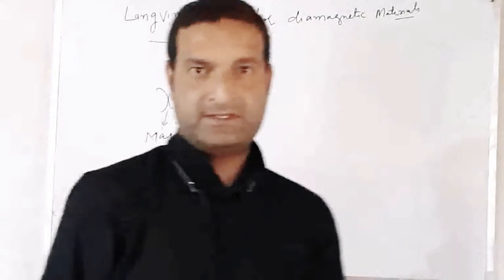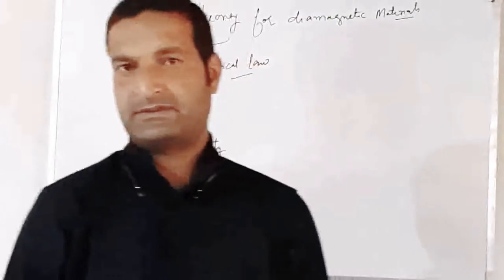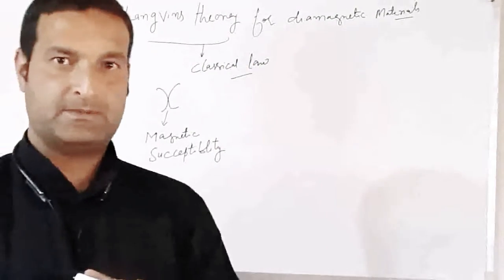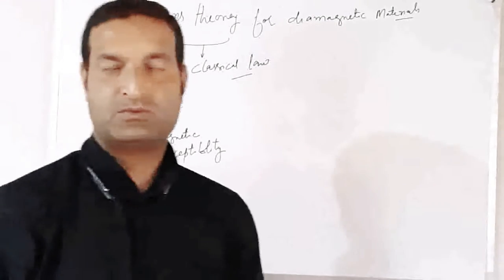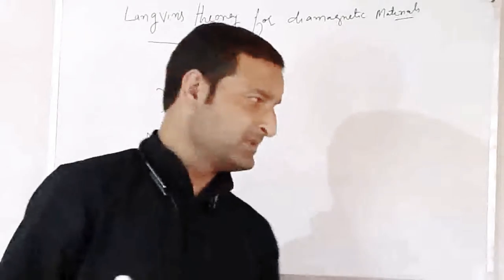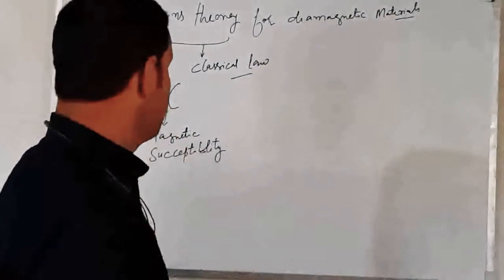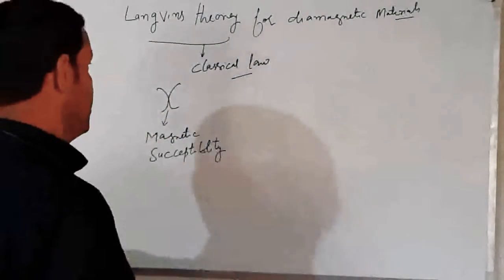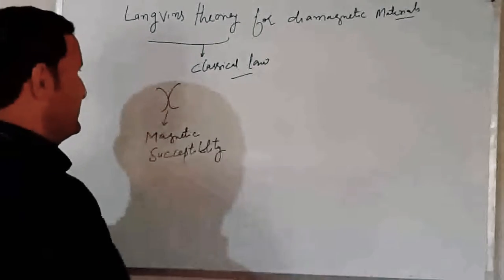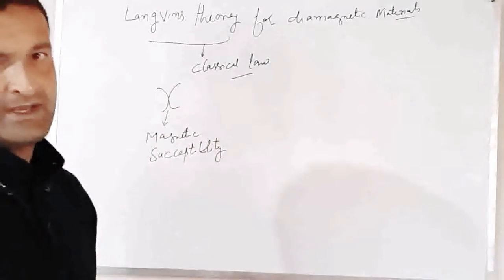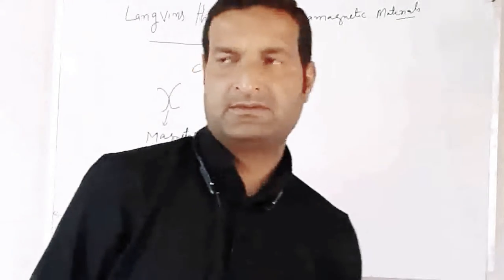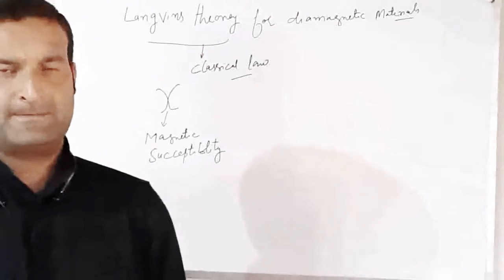I already told you what this magnetic susceptibility means in the previous lecture. This is actually the number of induced dipole moments per atom, that is called the magnetic susceptibility.